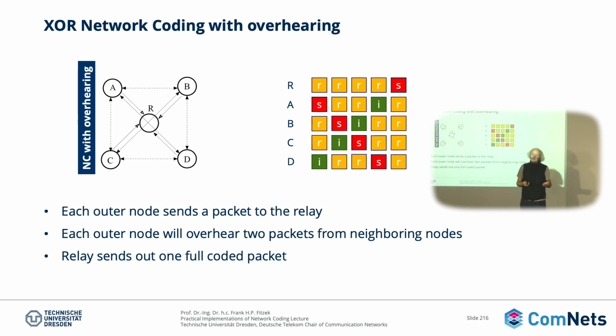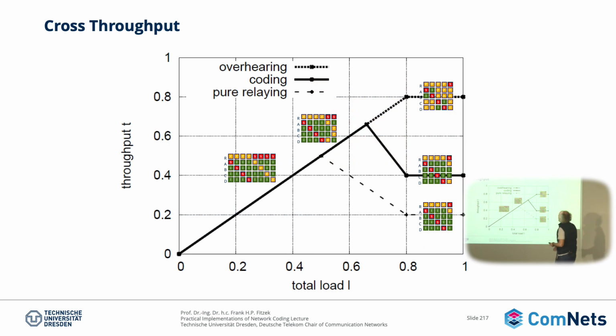So if we then look at the same plot that you have seen before, the same characteristics, we get our throughput over load. And all of them start at the same point, right? We are increasing the load from the 4 outer nodes, and then we go down. Here, the first point, after 50%, we go down and stabilize here. That's exactly what we saw in the Catwoman example, right?